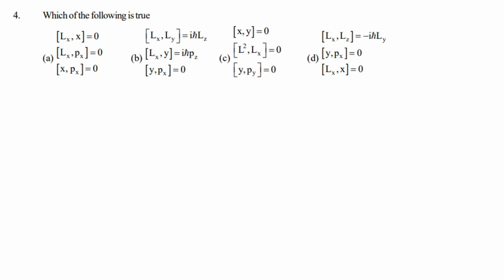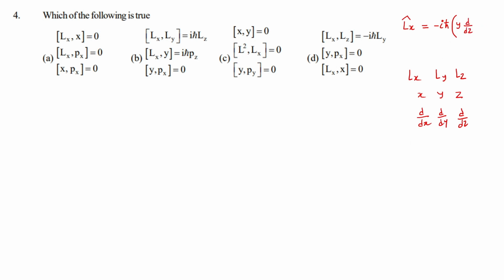What do you think? Lx and x, is their commutator going to be 0? What is Lx? Angular momentum along X. Lx is minus i h cut times y d by dz minus z d by dy. An easier way to remember was Lx, Ly, Lz, with X, Y, Z and d by dx, d by dy, d by dz.